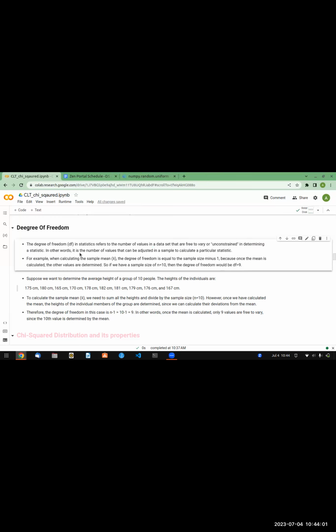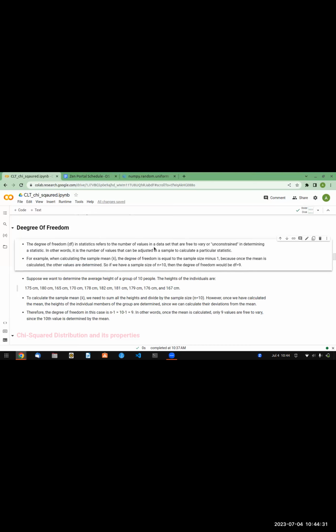In other words, it is the number of values that can be adjusted in a sample to calculate a particular statistic. For example, when calculating the sample mean, the degree of freedom is equal to the sample size minus 1, because once the mean is calculated, the other values are determined. That's why we subtract 1 from here.